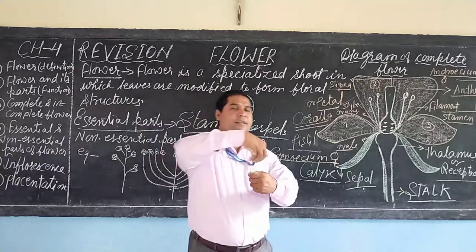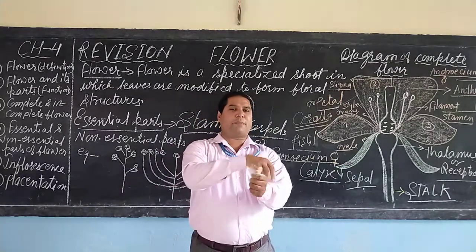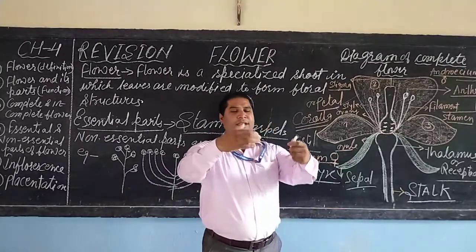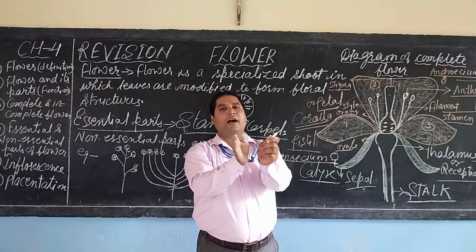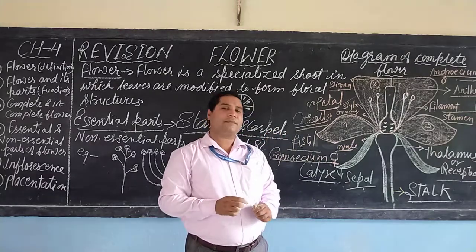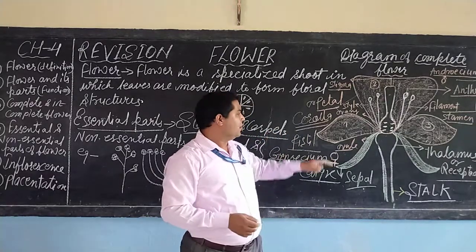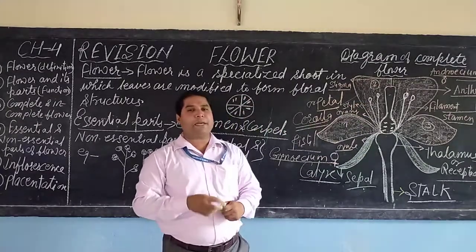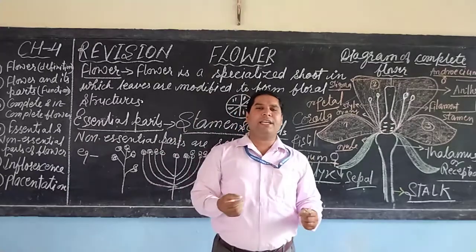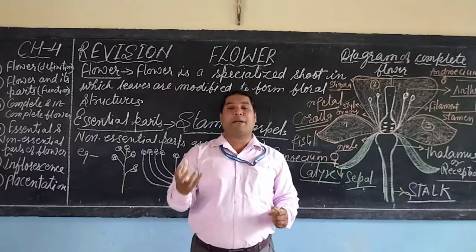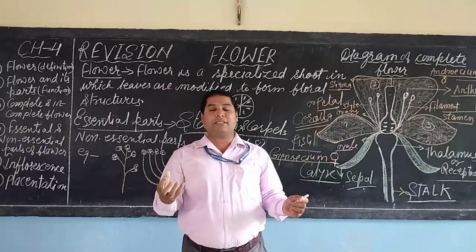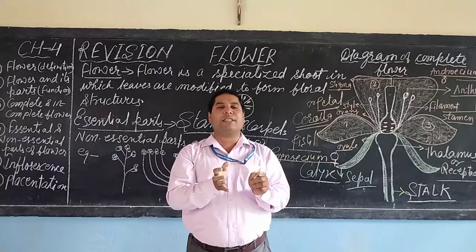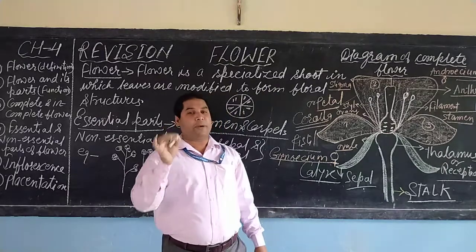Poly means separate, means all the sepals are separate, whereas gamosepals means in the cup shape. Next you see in the petals, where the petals are free, known as polypetals, and where they form a cup shaped structure or they are united together, known as gamopetals.